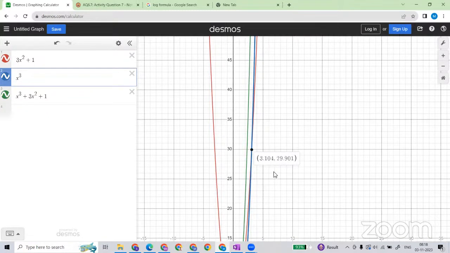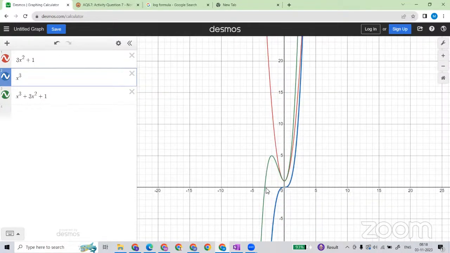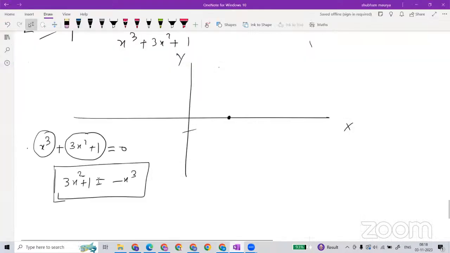This is the intersection point, and if you take the negative, that is going to be the root. This part I missed. This x cube is whatever the correct value is. So this tells you that if you draw the graph and both values are the same at some point, that is going to be the root.